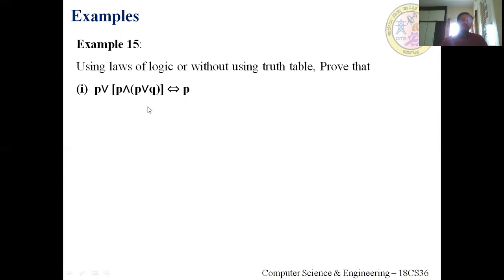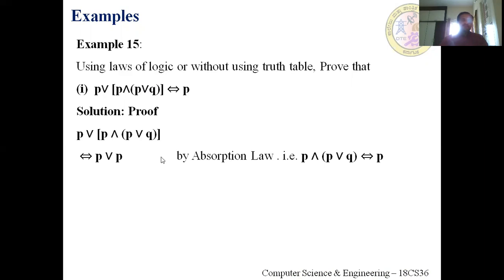For all these problems, we are going to consider the LHS and finally arrive at the RHS. Finally, we prove that LHS is logically equivalent to RHS. See, the proof goes like this. Consider the LHS: P or (P and (P or Q)). For this, we can apply one of the laws, that is the absorption law.